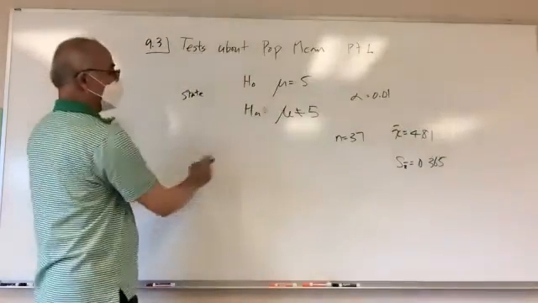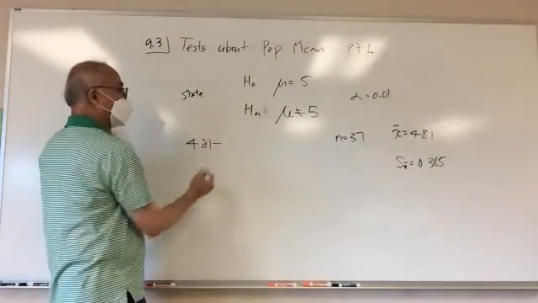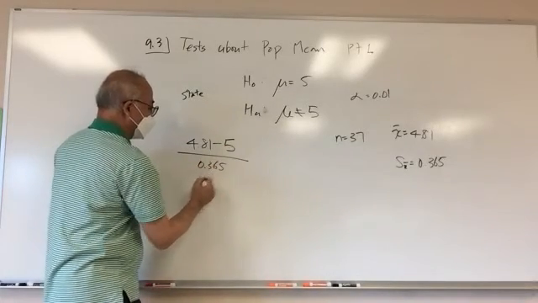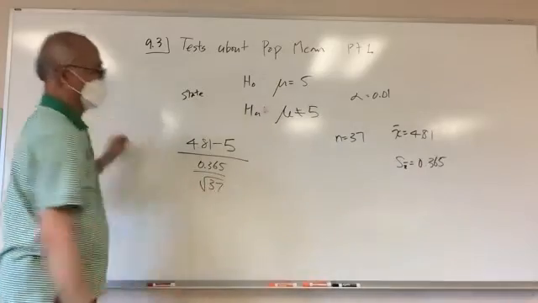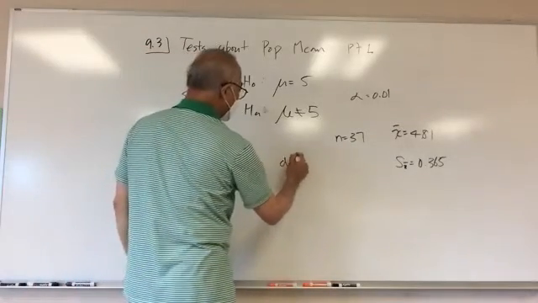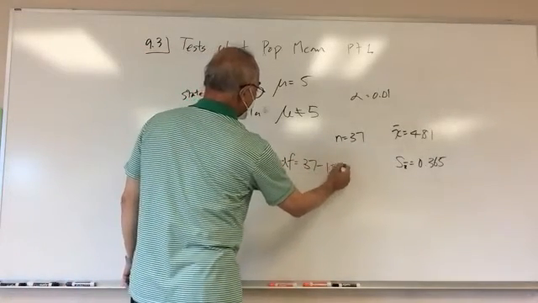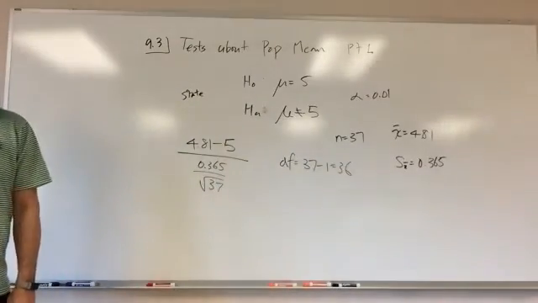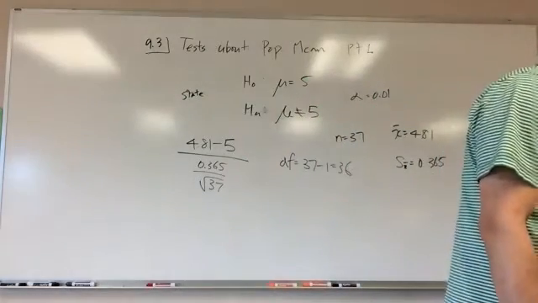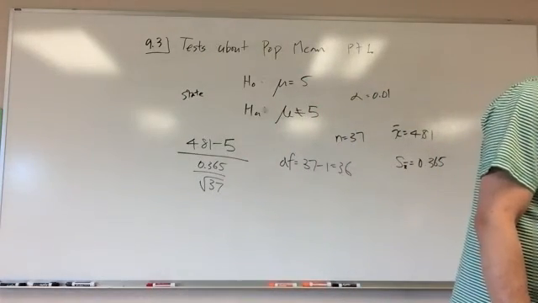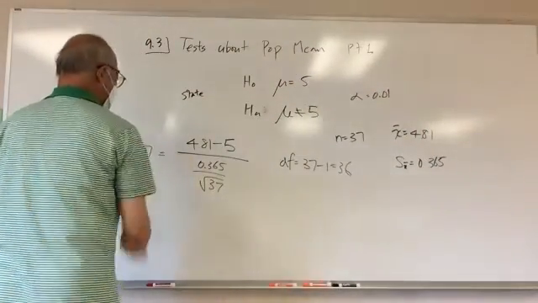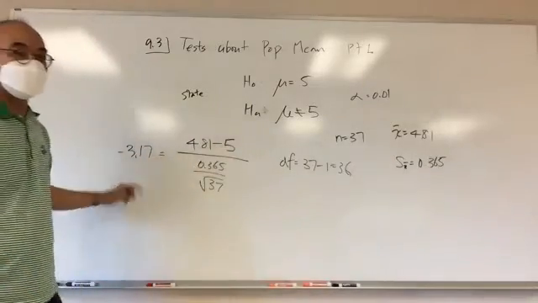The statistic itself is 4.81 minus 5 over the standard deviation 0.365 over the square root of 37, with a degree of freedom of 37 minus 1, 36. If I do this, I get negative 3.17.